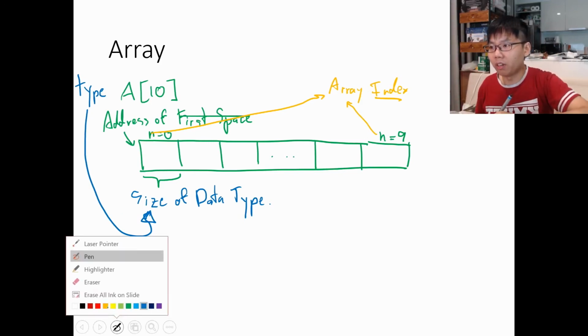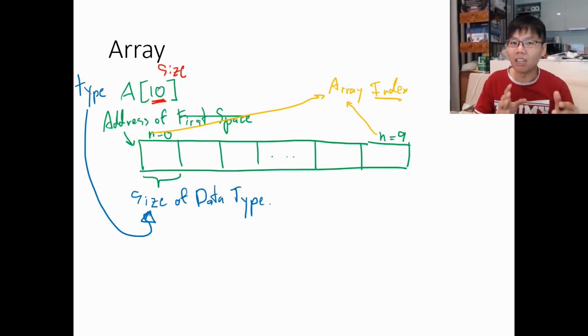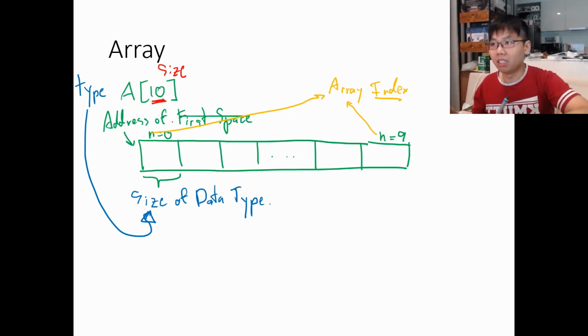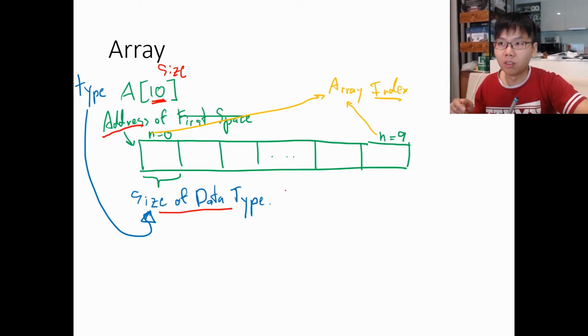You need to declare the size and the data type, and then the compiler can allocate the space in your memories by storing only the first address, and then allocating the memories equal to the size of the data type multiplied by the array size.